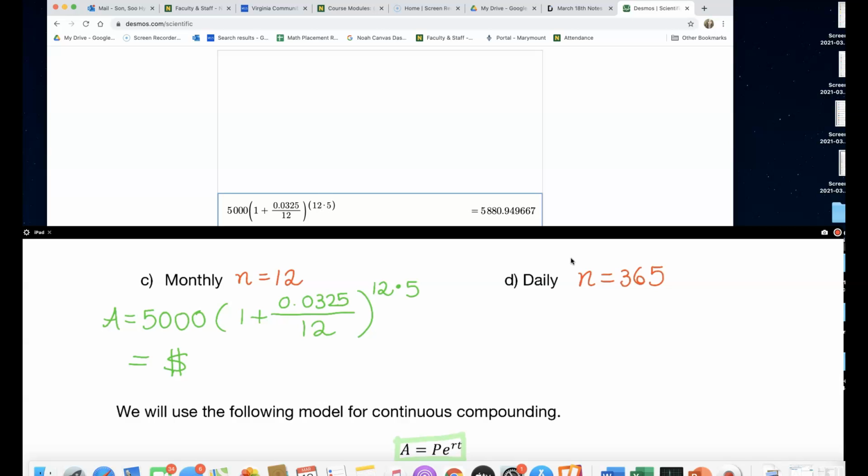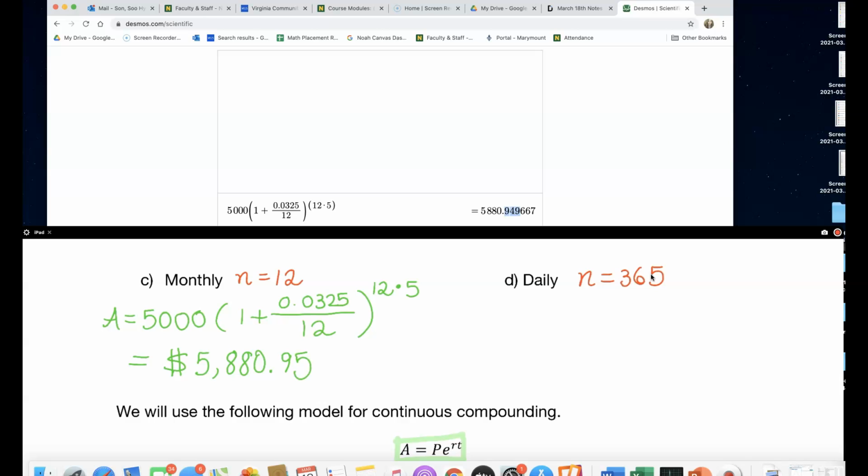So if her interest is getting compounded monthly, she's going to end up having $5,880 and let's see, should we give her 94 cents or 95 cents? Because the number after 4 is 9, I'm going to round up to 95 cents.